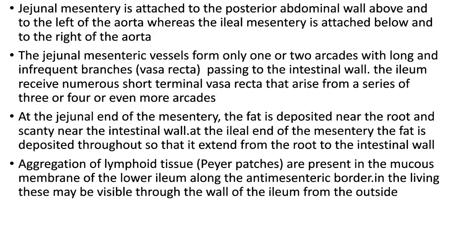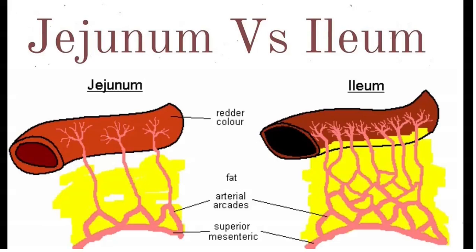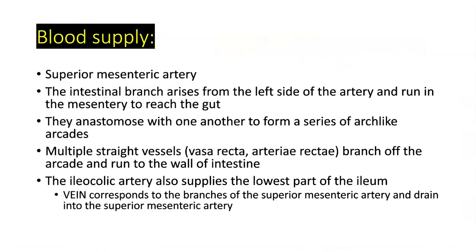In the living, these may be visible through the wall of the ileum from outside. As you can see here, this is the jejunum, which has some branches from the arteries, while the ileum has many branches of the vessels from the arteries. The fat concentration in the ileum is also greater compared to the jejunum.